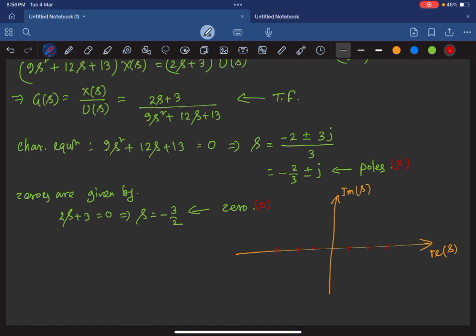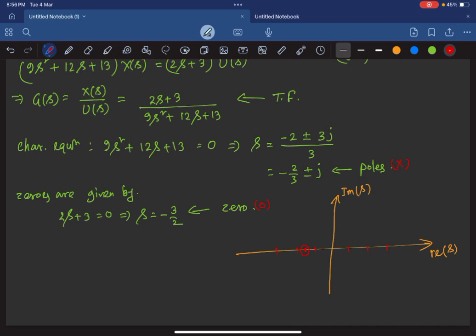So minus 3 by 2 means minus 1.5, so here you will get this one, and this is the zero, only one zero. Another is minus 2 by 3 plus minus j.